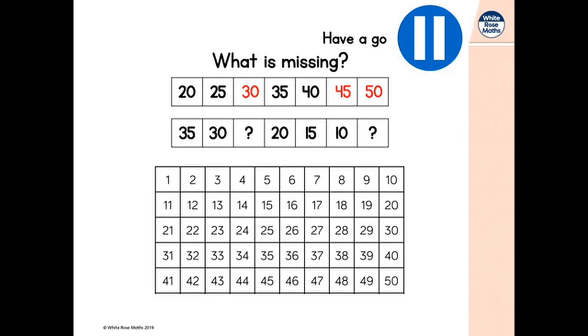Now the second number track starts at 35 and goes down to 30. That's right, we're counting backwards. So what are the missing numbers in the bottom number track? The first one is 25, and the last one is 5. Super!